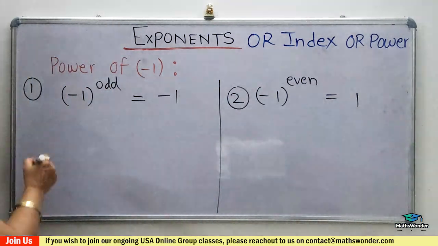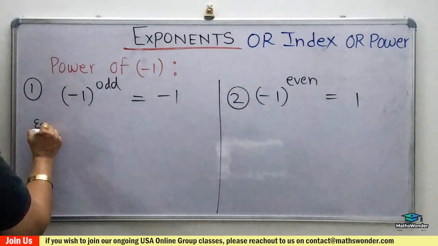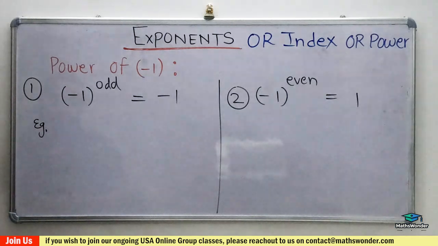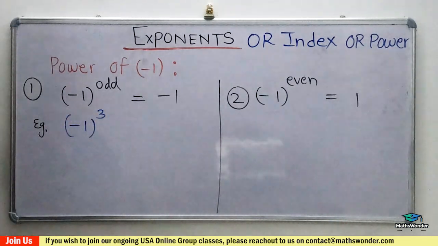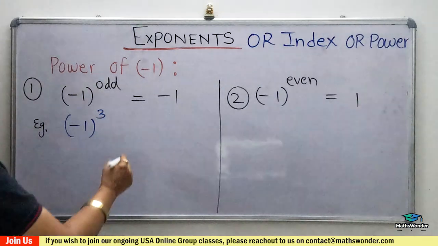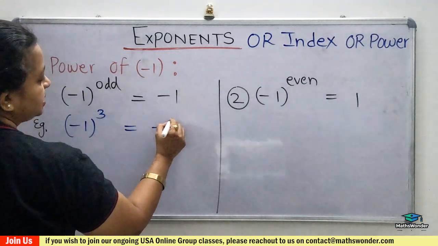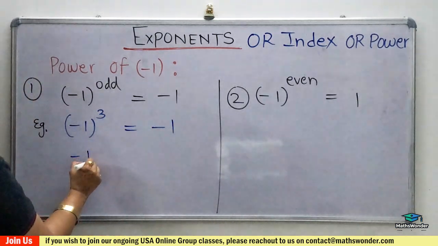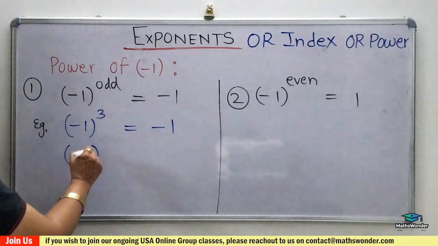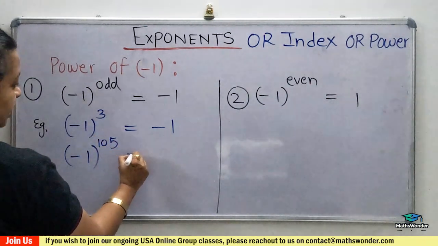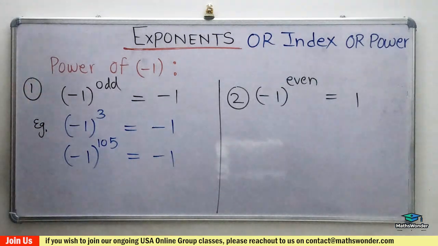For example, -1 raised to the power 3. It's an odd power, so you will put a negative sign in your answer. If -1 is raised to the power 105, then you will get -1.